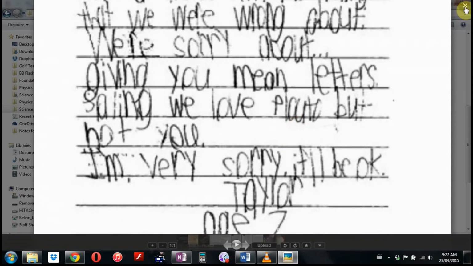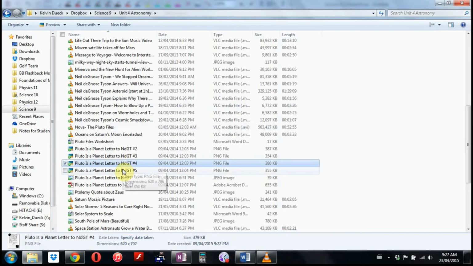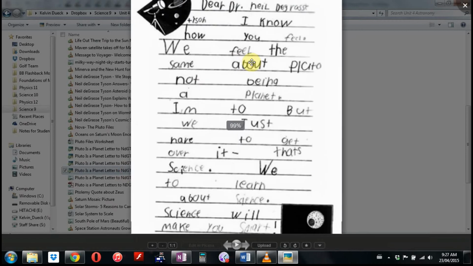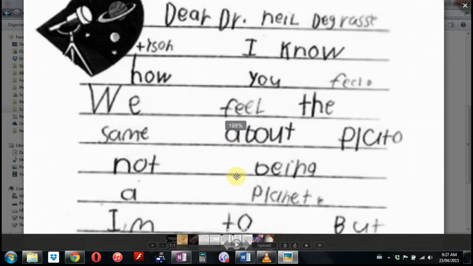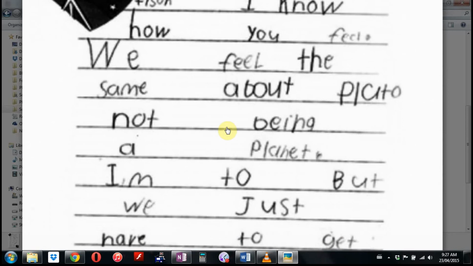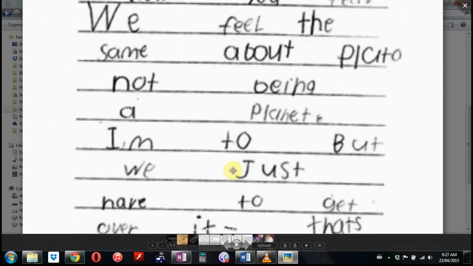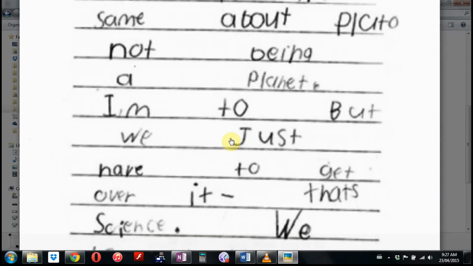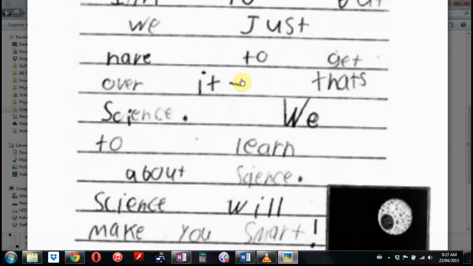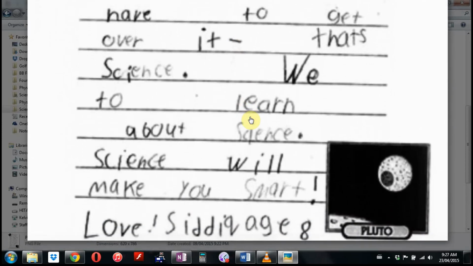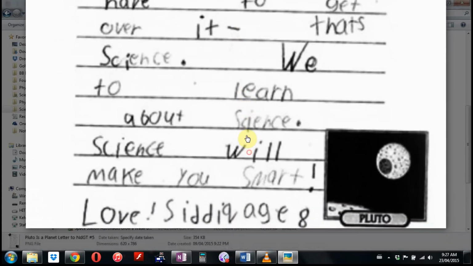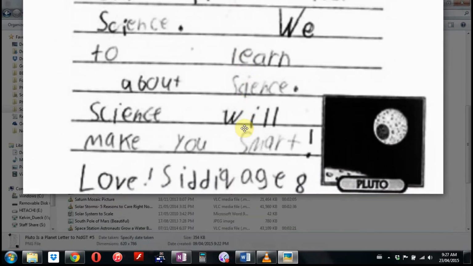Taylor, age 7. And then the last one. Dear Dr. Neil deGrasse Tyson, I know how you feel. We feel the same about Pluto not being a planet, but we just have to get over it. That's science. We need to learn about science. Science will make you smart. And then he drew a little picture of Pluto.